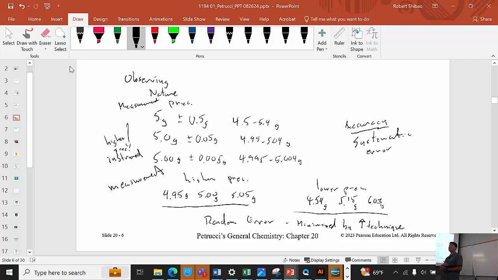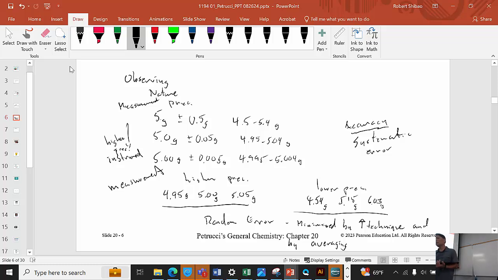Not quantum mechanics. It's minimized by technique and by averaging. Not a random selection of values. We just take all the values and then average them.